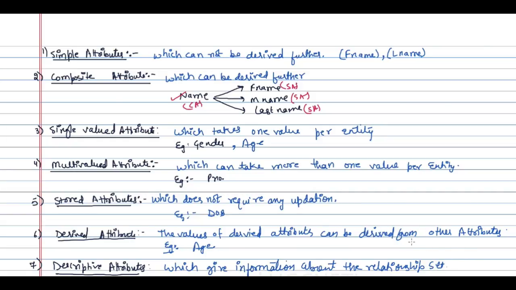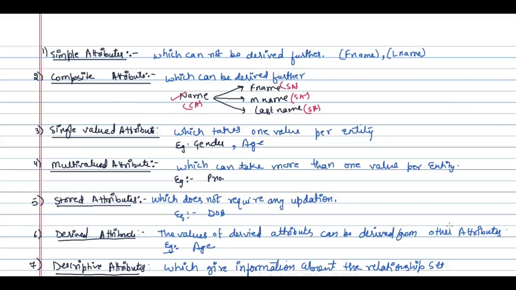Like we have "when", and these things are also called descriptive attributes. Let me explain what a descriptive attribute is. Don't worry, we still have two or three more attributes to cover.